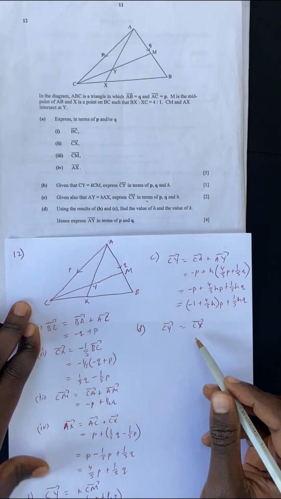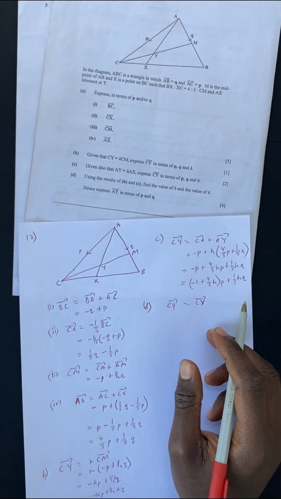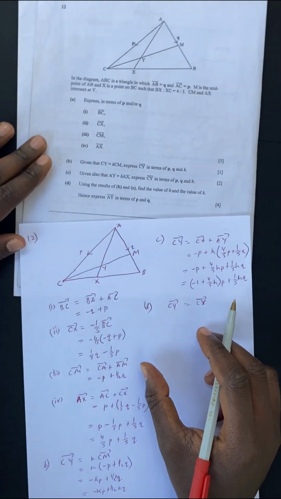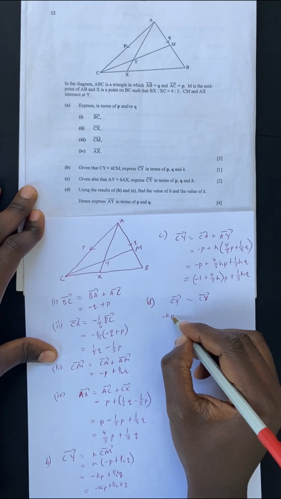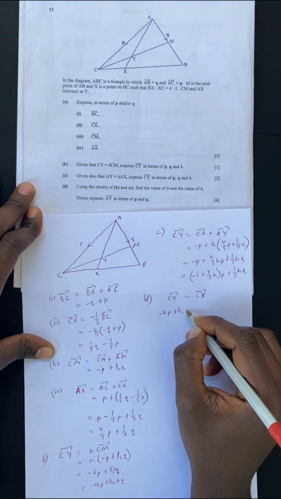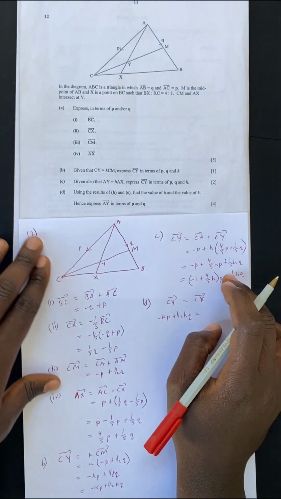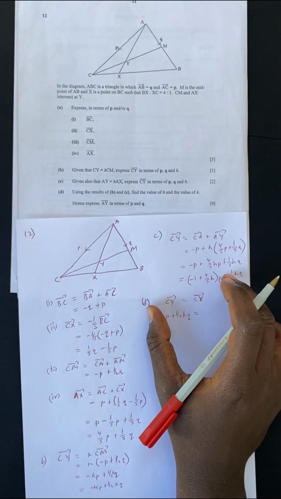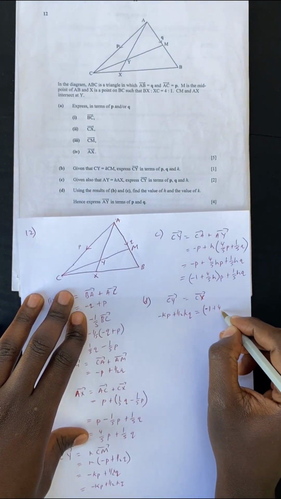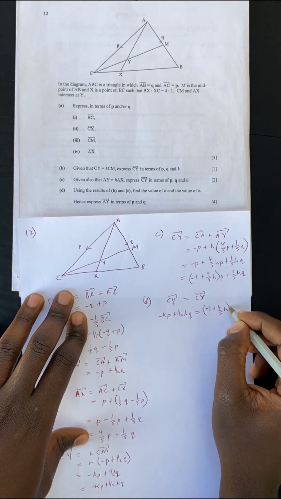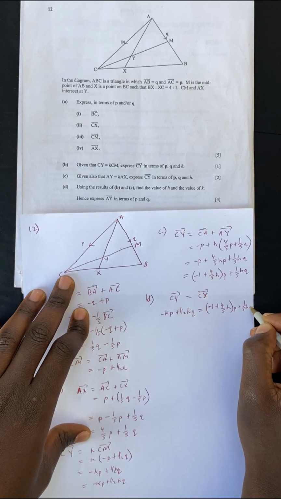Our first CY is the one that we calculated in part B, so minus KP plus half KQ equals to CY. In part C, we found it as minus 1 plus 4 over 5H by P plus 1 over 5H Q.